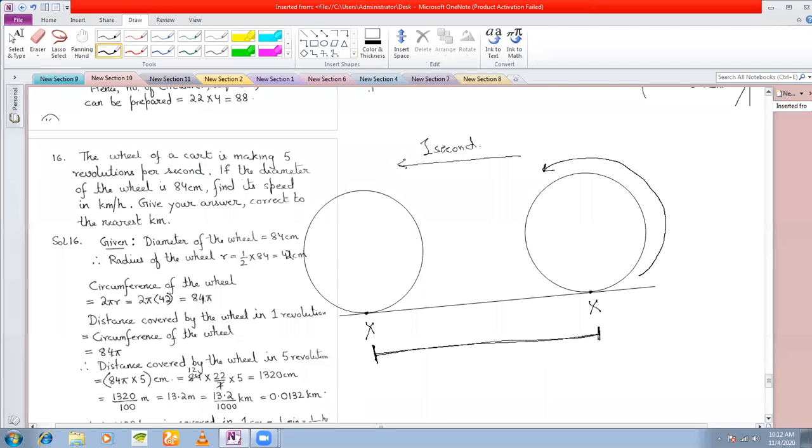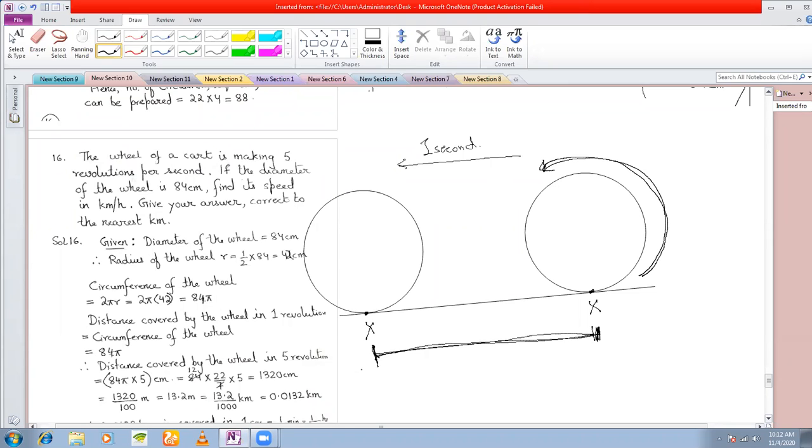If I have started from the point here and I'm rotating along this wheel, suppose I'm walking along this circle, and the point comes back after rotating one complete circle, then what is this distance that I have covered?